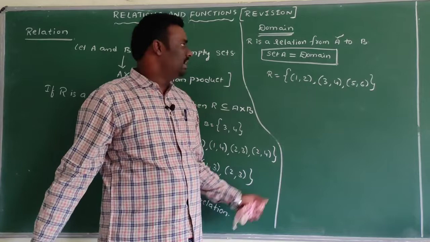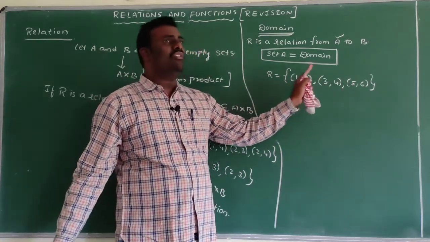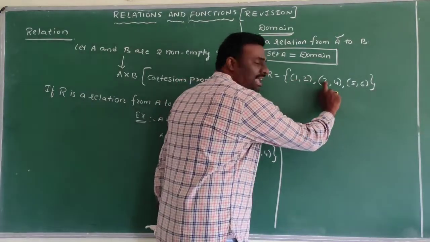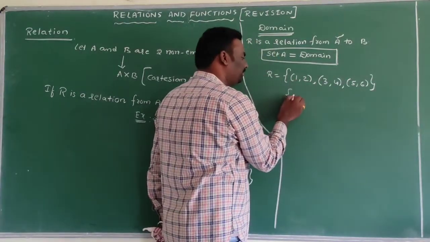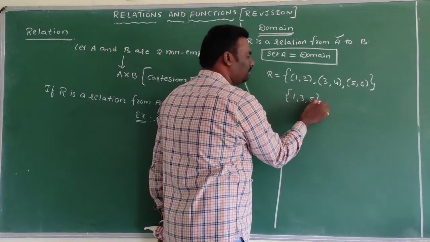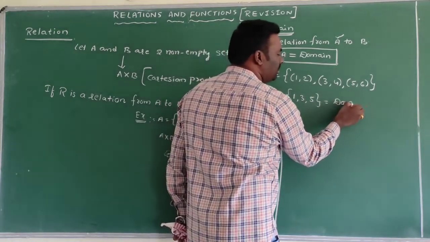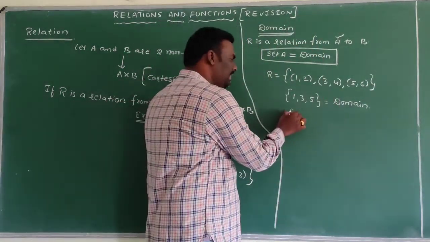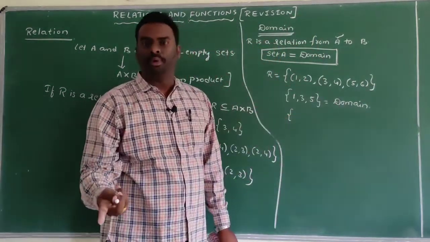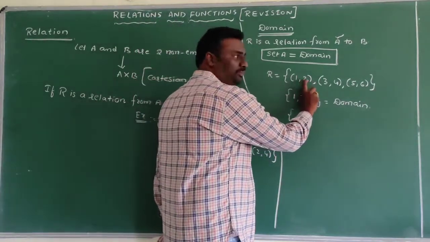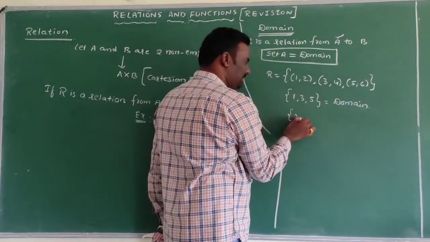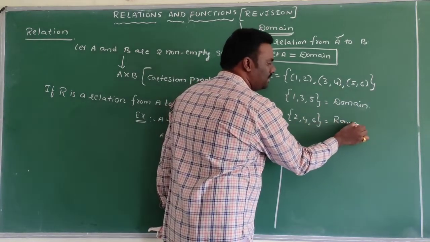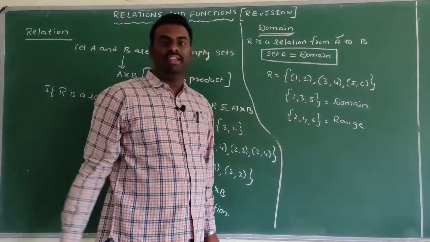In this relation, the set of first components, that is 1, 3, 5, is called the domain. Now you can take the set of second components in the relation, that is nothing but 2, 4, 6. This is the range. But we required codomain.